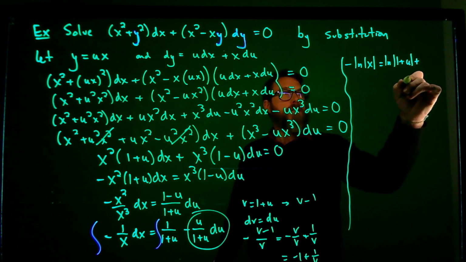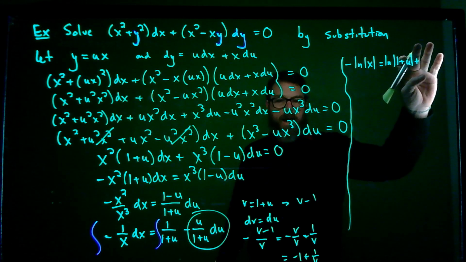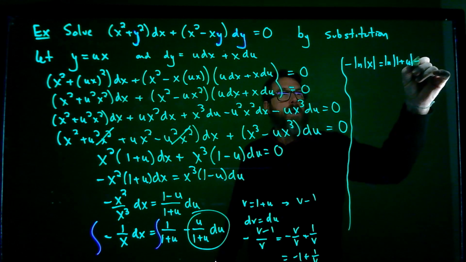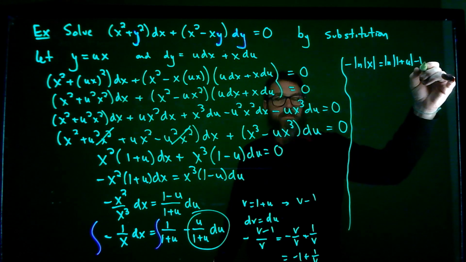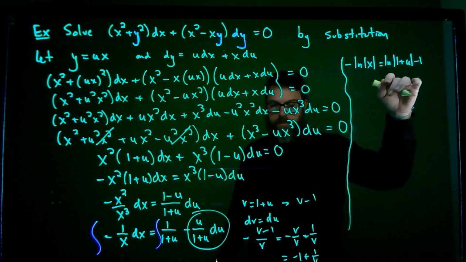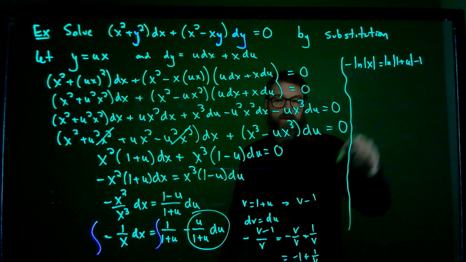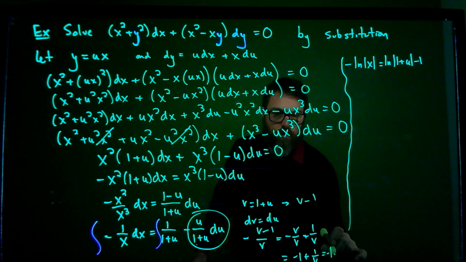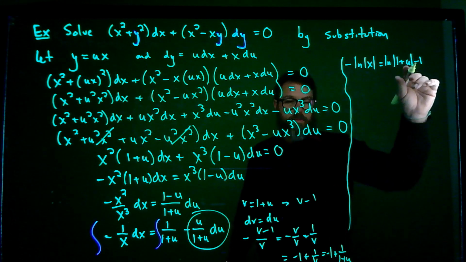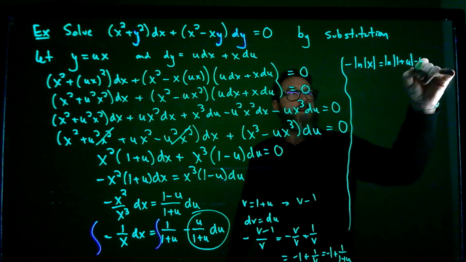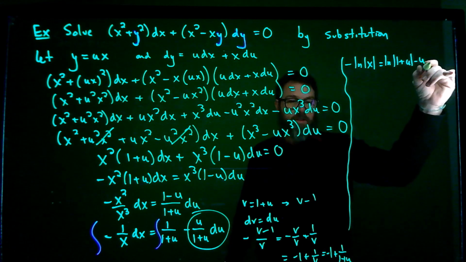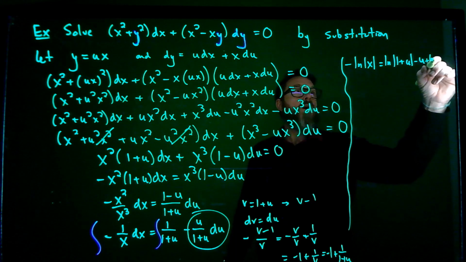So plus, I have enough room? I might. So this is going to be minus 1 plus 1 over 1 plus u. So this is going to be equal to the integral of minus 1, which is minus u, and then the integral of this is going to be plus the natural log of 1 plus u.